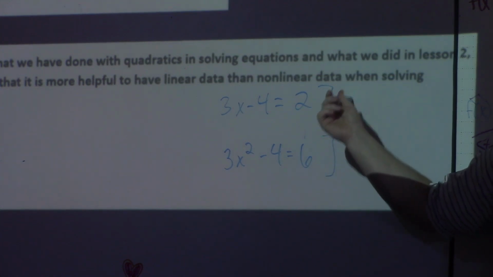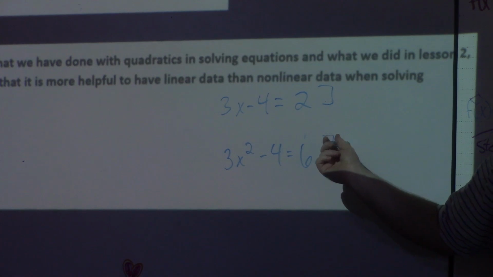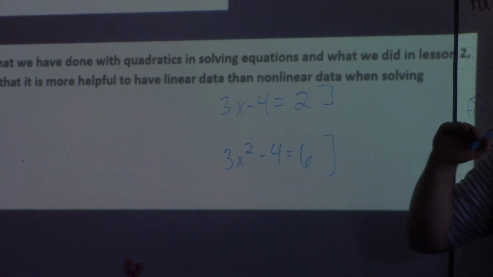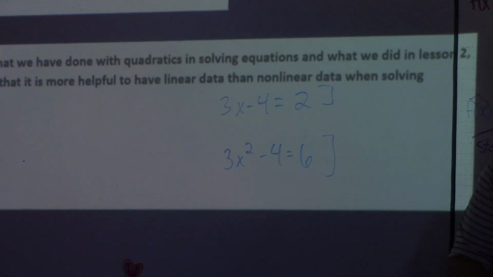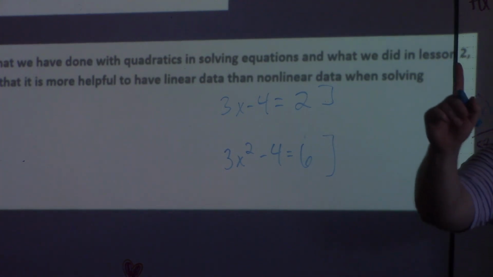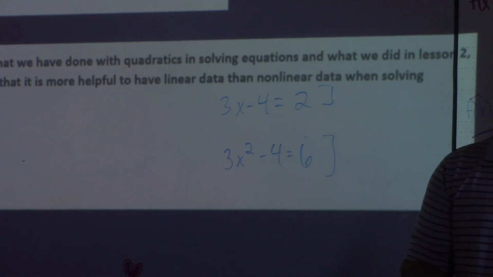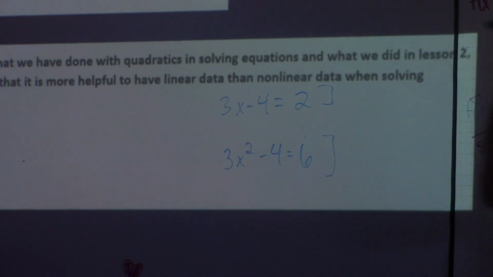One solution here and two solutions here. But more than likely, when we're talking about stopping distance and speed, how many solutions do we really want? One. We don't want guesswork. We don't want two. We typically just want how many solutions in the real world? One.